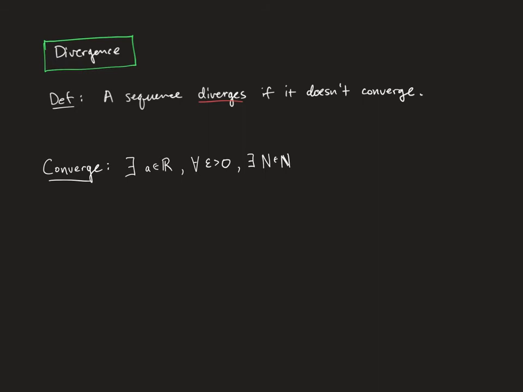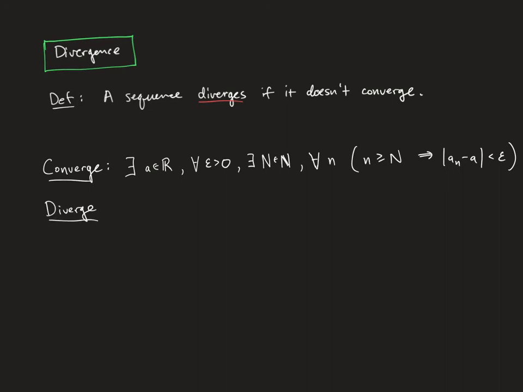Okay, so there exists a natural number such that for all of the natural numbers after that one, so this is everything past that point in the sequence, such that for all little n, whenever little n is bigger than or equal to big N, that implies that an minus a in absolute value is less than epsilon. Okay, so that's the structure of convergence. And so that's what it means to converge.